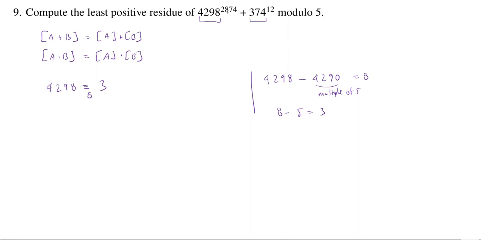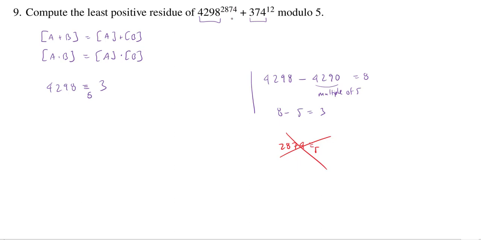Okay, now, if I want to raise this to the 2,874th power, you might be tempted to start asking what is 2,874 modulo 5. Don't do it. Okay, this is not a correct approach. We do not have a formula that says you can reduce the exponent modulo 5.